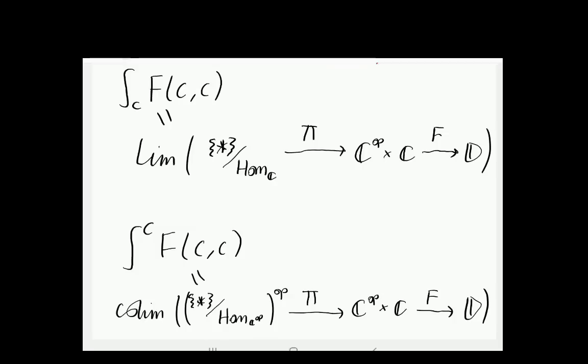To say briefly, I think the core idea here is that this category of wedges of f is equivalent to this category of cones of f after pi, right?